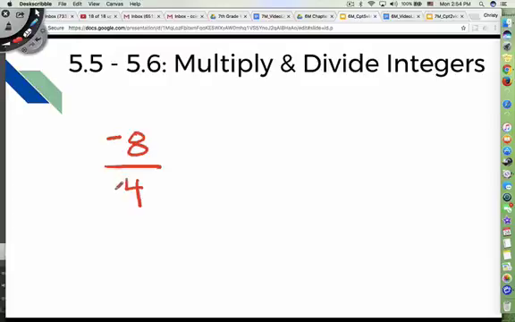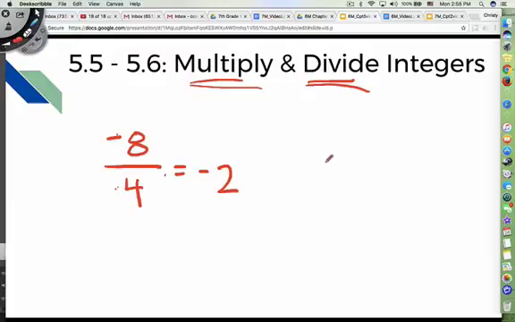Okay, unlike signs, so 8 divided by 4 is 2, and it's unlike signs here. The opposite of multiplication is division. The opposite of division is multiplication. So if you were to be looking at 4 times a -2, you would get a -8, right? And so if you're undoing that, you're getting the negative sign.